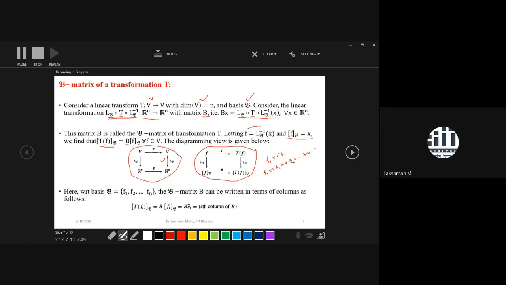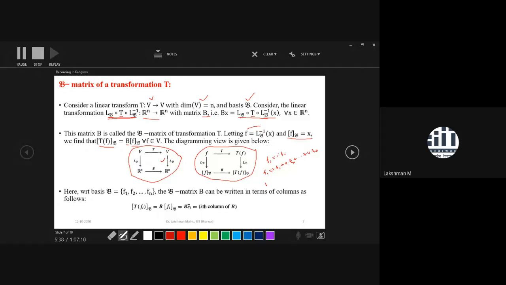So you are giving a linear combination representation of f1 with respect to the basis elements. f1 happens to be a basis element, and it is definitely an element from the vector space. That's why we write it this way.